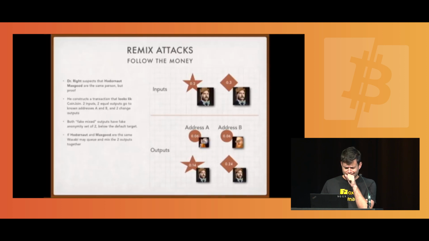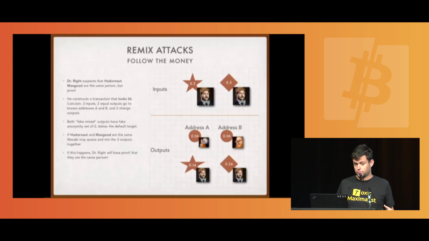So if it happens that Hodornaut and Max Good are the same person, and they use the same instance of Wasabi wallet, then Wasabi will actually take both of these coins and insert them together into a queue for mixing in the future, because it sees 2 different coins that are COINJOIN coins, and it thinks they're already kind of clean and need another mixing.